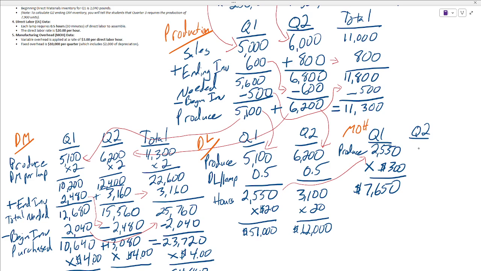All right, let's do the same thing for Q2. This was 3,100 hours. Again, multiply that by $3 per direct labor hour in extra costs, and that is 9,300. Okay, so that's our variable costs.